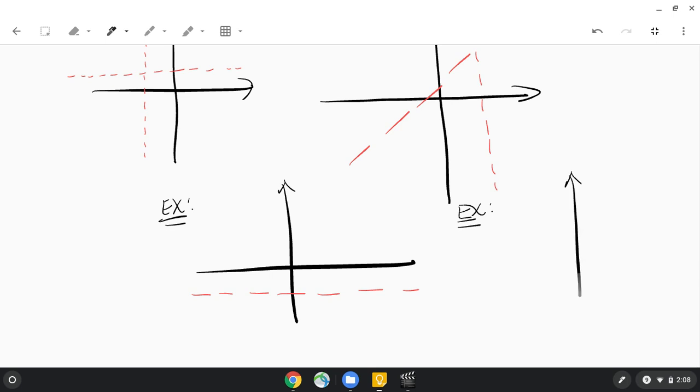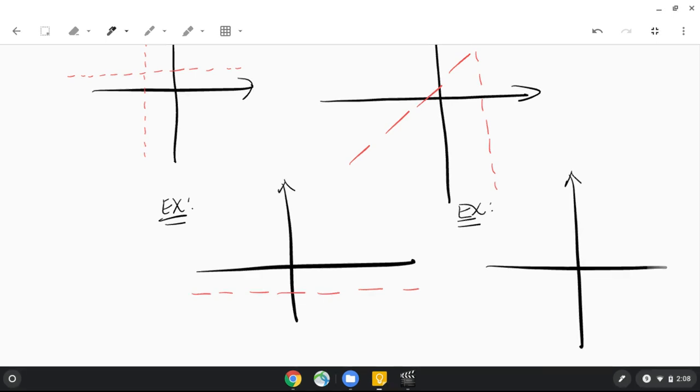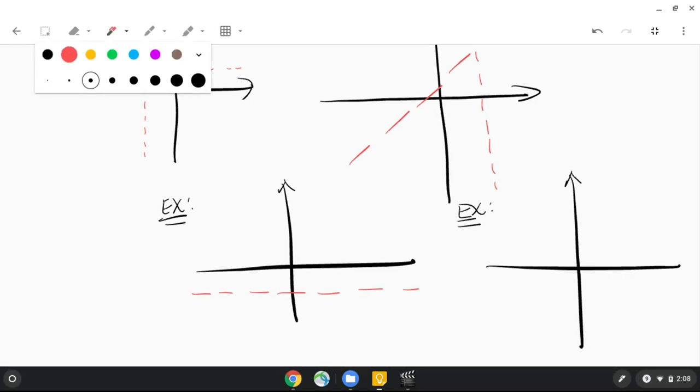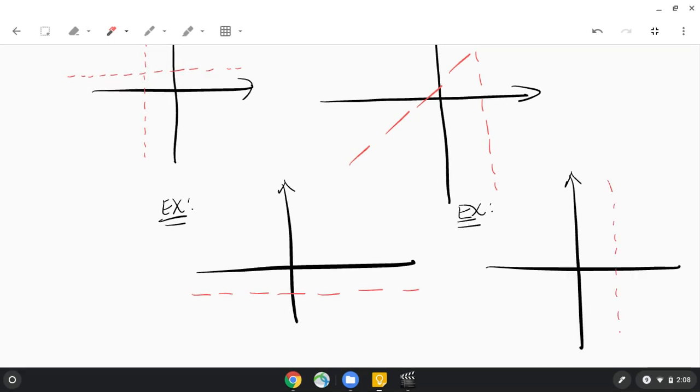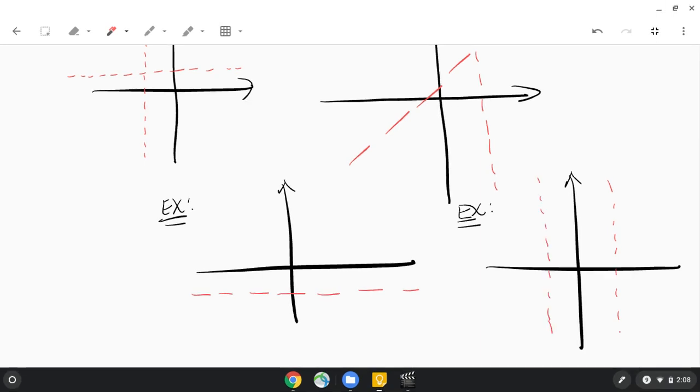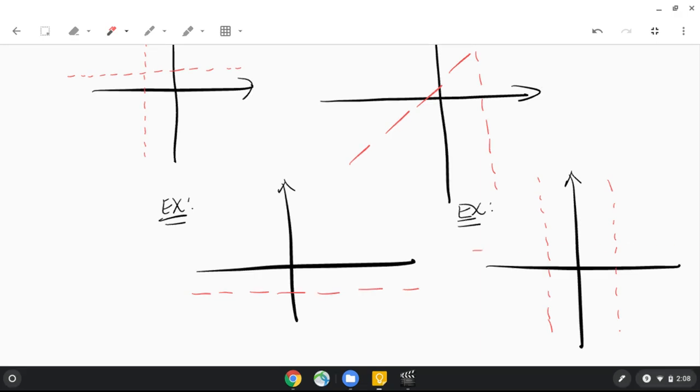Here, let's just do one more. So maybe you have 2 verticals. Okay, so maybe you have a vertical there and a vertical here, and then maybe you have a horizontal here. Okay.